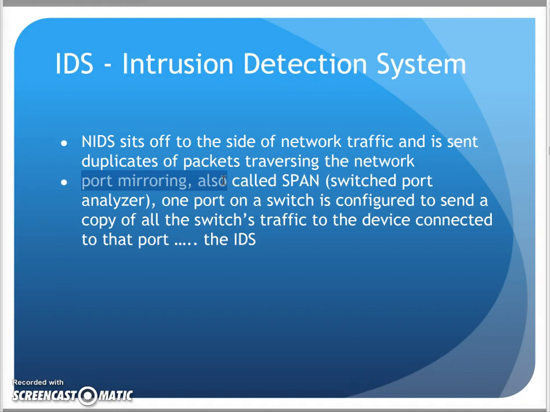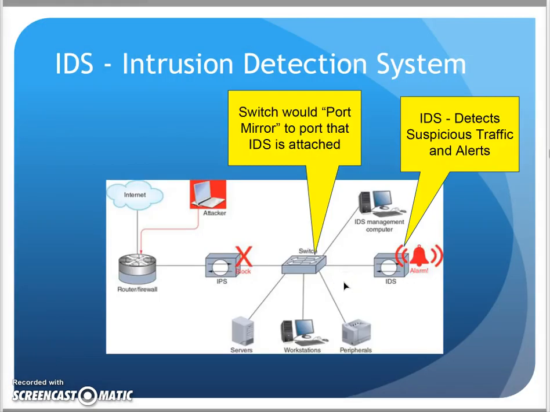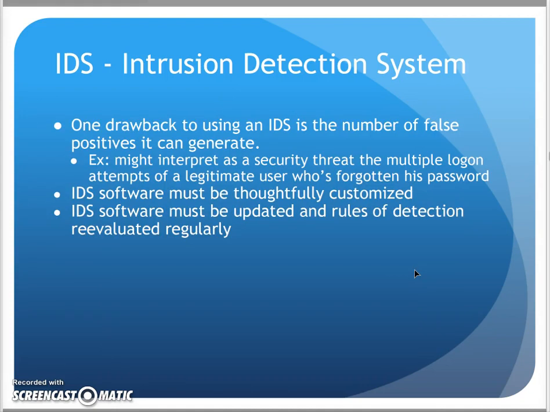Any traffic moving through the switch, you mirror it to a specific port that your IDS is attached to. I think I have this on the next picture here, yeah. So what you would do is on the switch say, hey, port mirror anything moving through the switch to port 22 or whatever it happens to be that the IDS is attached to. So not only does traffic move through the switch, it gets copied over to the port that the IDS is on, so now it can keep an eye on everything and look for odd traffic.